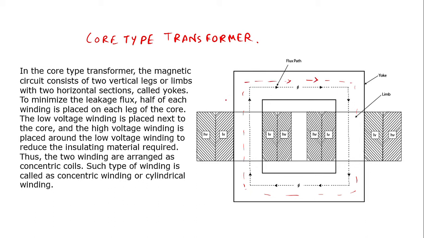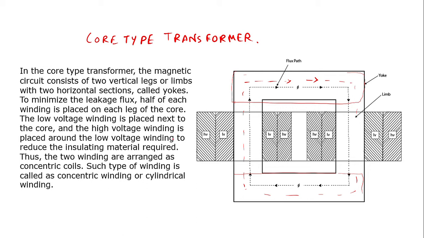Now, this magnetic circuit consists of two vertical columns or legs or limbs and two horizontal columns called yokes, right? So this section is called a yoke. This section is also called a yoke, and these are limbs, right?